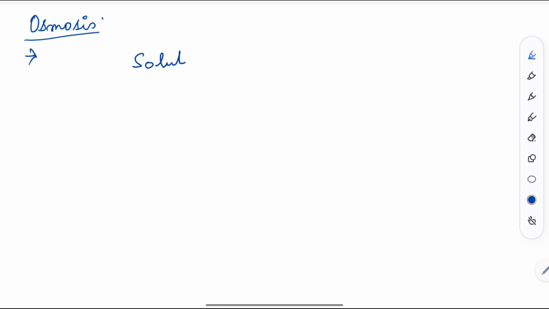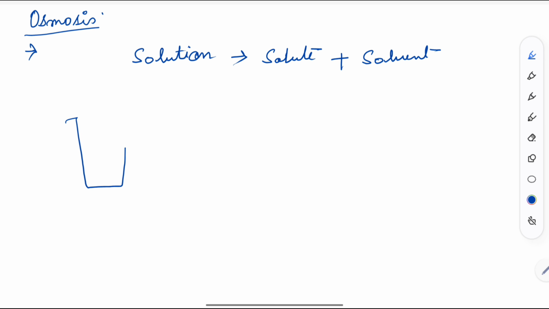So any solution has two parts. One is solute and another one is solvent. If you take salt water or sugary water, suppose you take a glass of water and then you add sugar and you stir it.